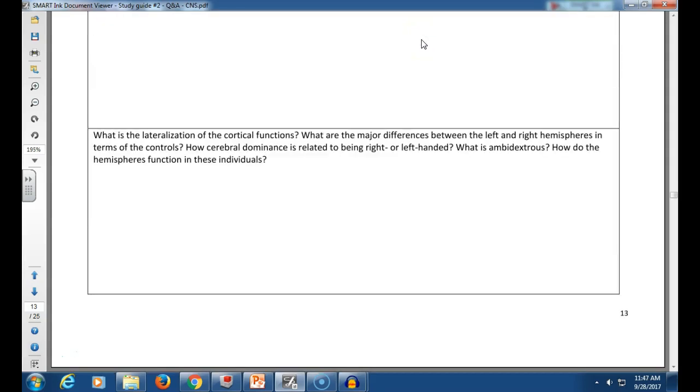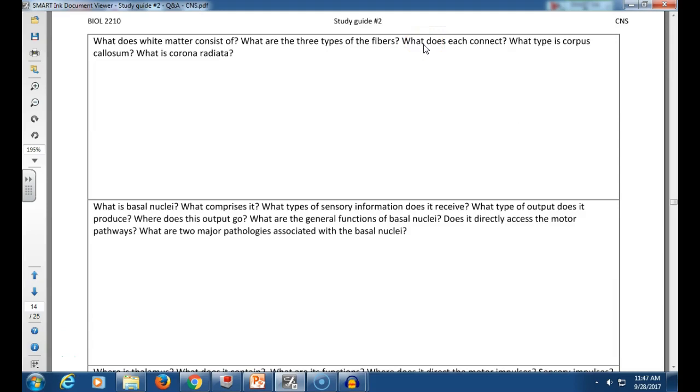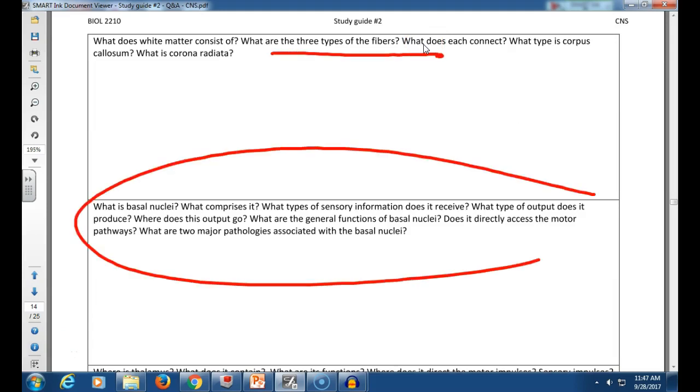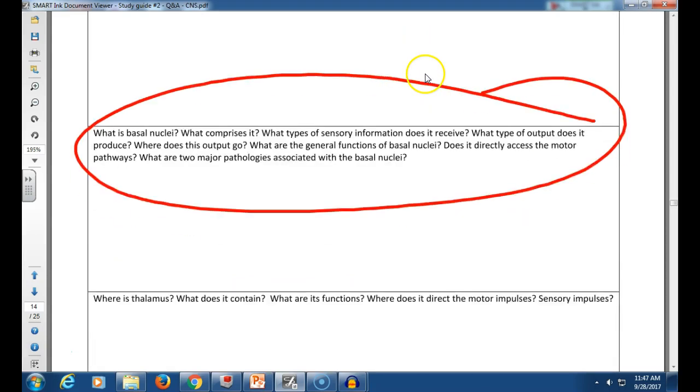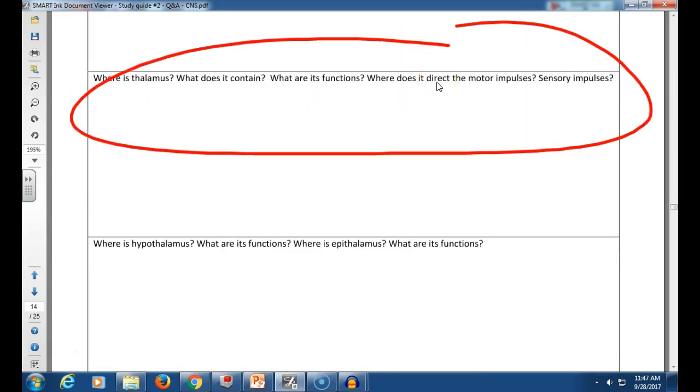Lateralization of the functions, decussation. White matter, three types of fibers, self-explanatory. Basal nuclei, function, mostly inhibition of motor activities. Pathologies, Parkinson's and Huntington's. Thalamus, relay.